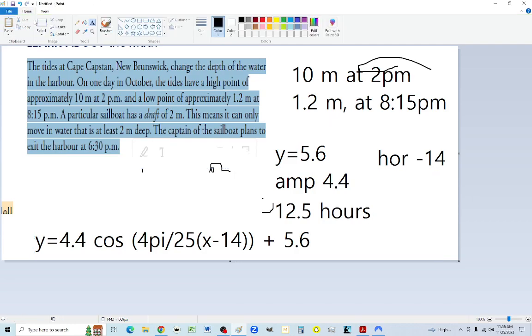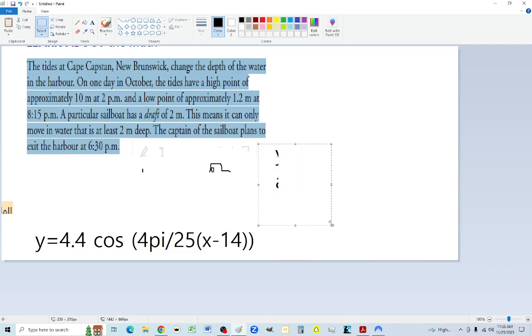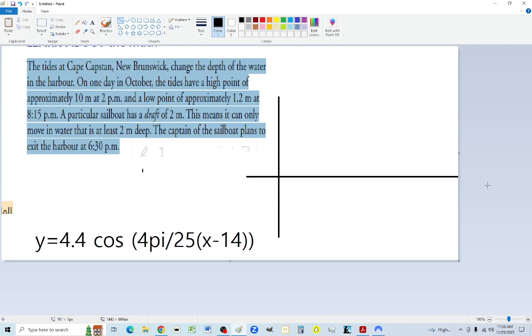Now, before I go to Desmos and cheat, let's figure out, and the ship wants to leave at 6:30, right? Let's figure out what happens between 2 and 6:30. So we know there's a high tide. Let's just pretend that this is 2 p.m. instead of the y-axis. We know it's at 10.